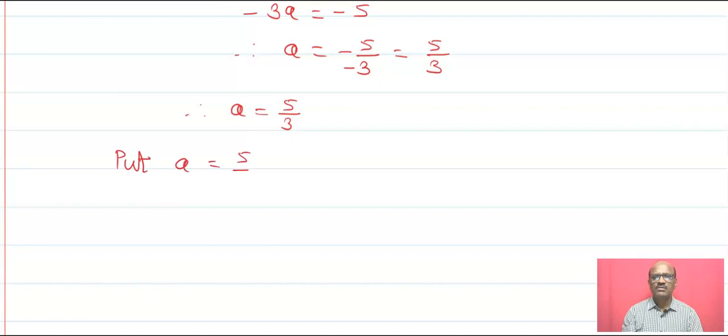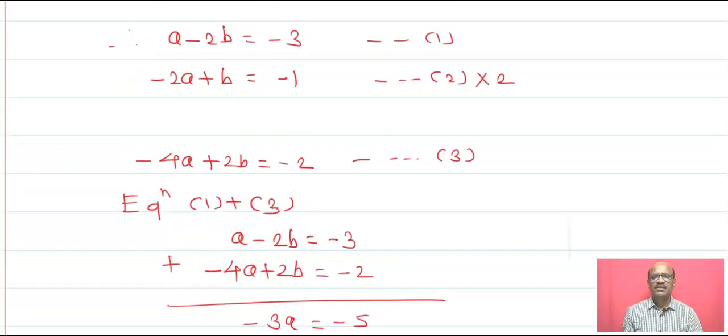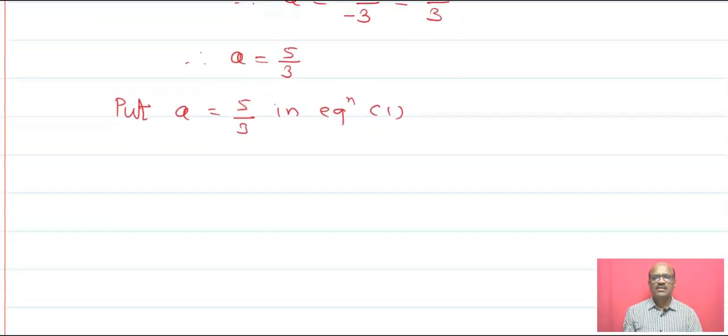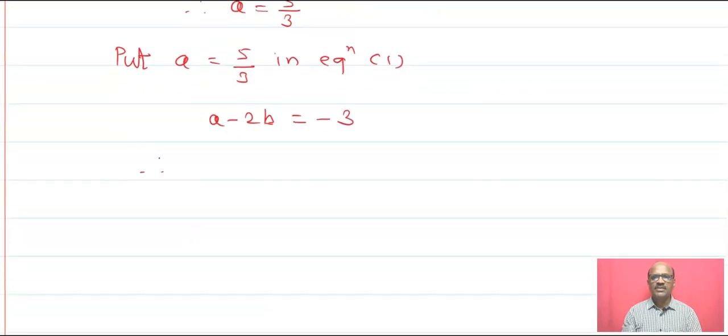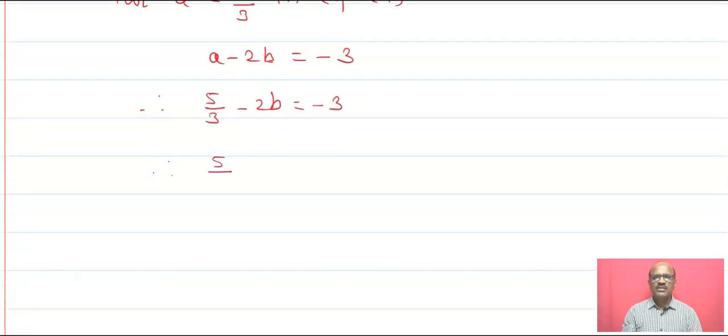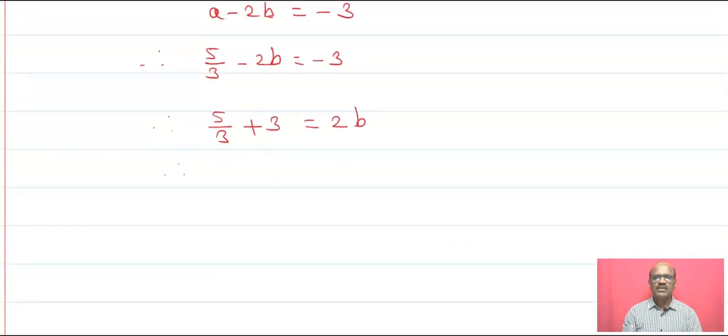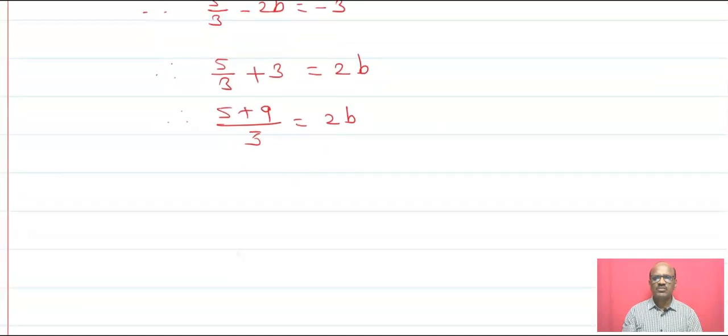Therefore, put a is equal to 5 by 3 in equation 1, that is a minus 2b is equal to minus 3. 5 by 3 minus 2b is equal to minus 3. Therefore, 5 by 3 plus 3 is equal to 2b, and their addition, that is 5 plus 9 upon 3, that is 2b.